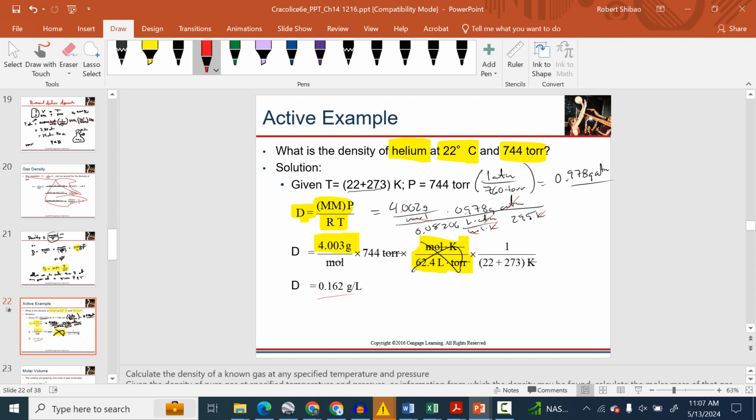And I get 0.1618 grams per liter, which to 3 sig figs I'm going to round to 0.162 grams per liter, which is the same as they got.